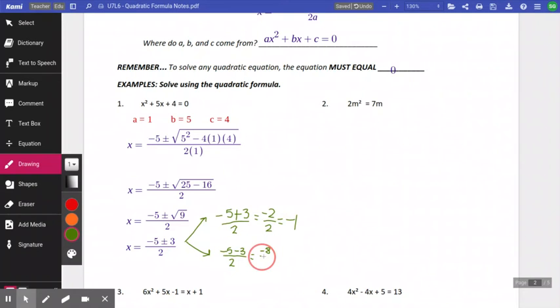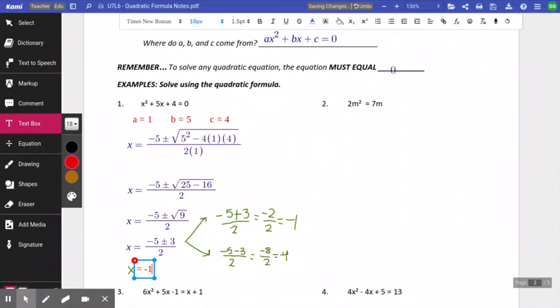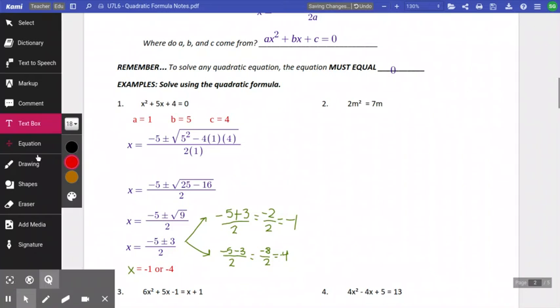And then -8 divided by 2 gives me -4. So we're left with, drum roll please, x equals -1 or -4.